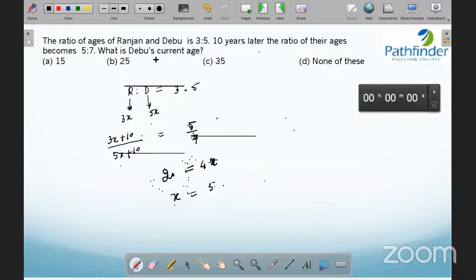You're asked what is Debu's current age. Debu's current age is 5x, so 5 into 5, that is 25. This is Debu's current age, 25. I hope you have understood this solution.